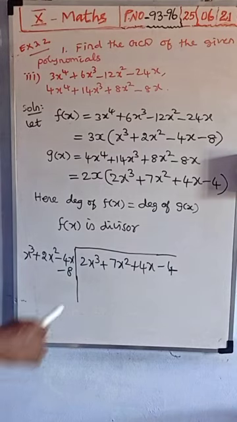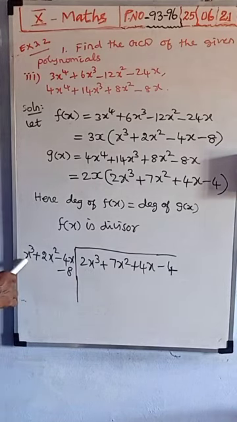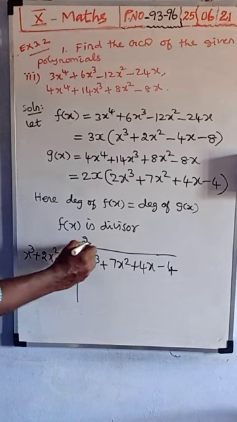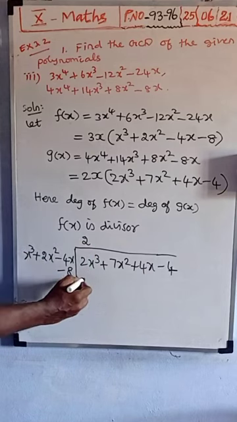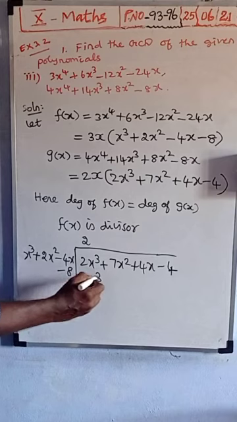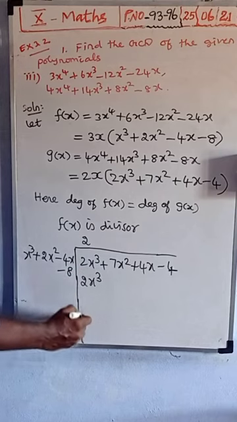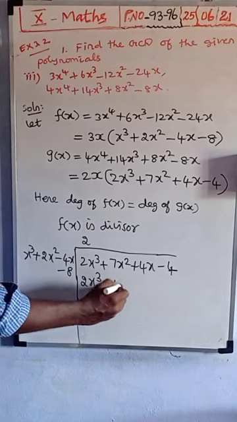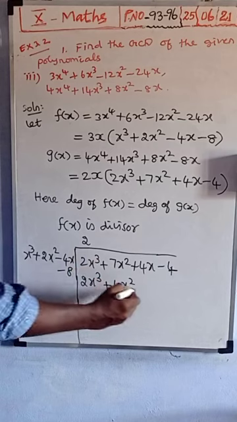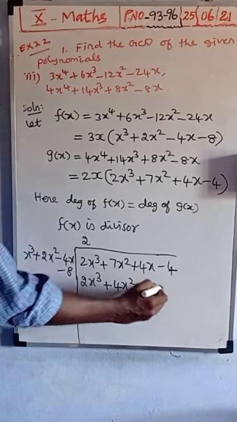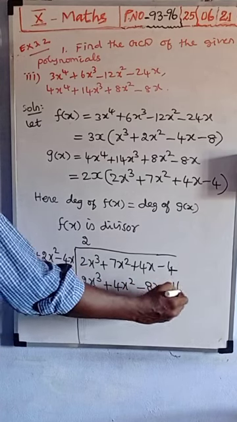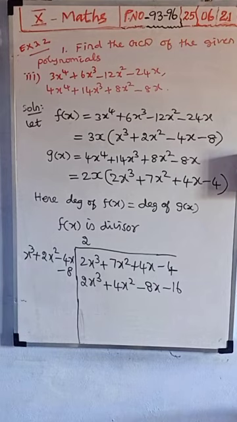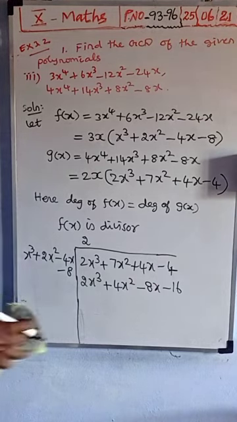Now here the first term is 2x cube, here only x cube, so you should multiply with 2. You multiply 2 with all the terms. So 2 into x cube is 2x cube, 2 twos are plus 4x squared. Next, 2 fours are minus 8x. Next, 2 eights are minus 16.